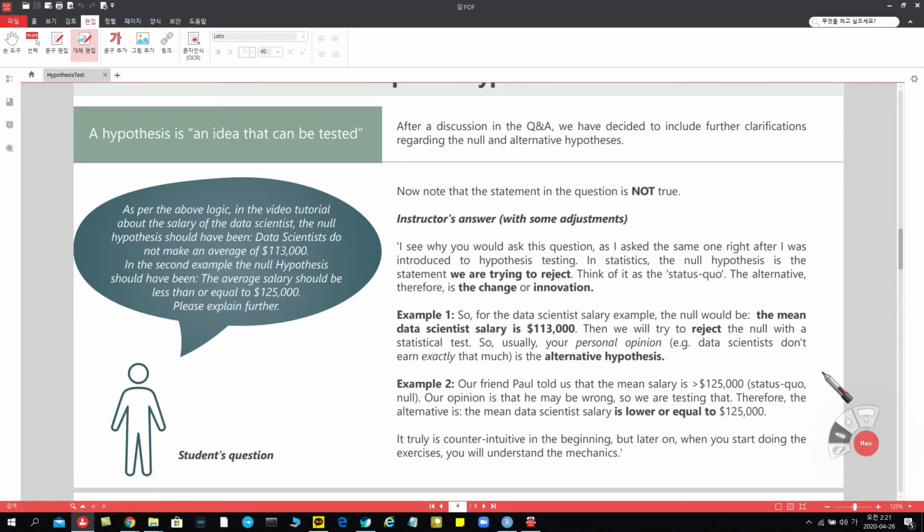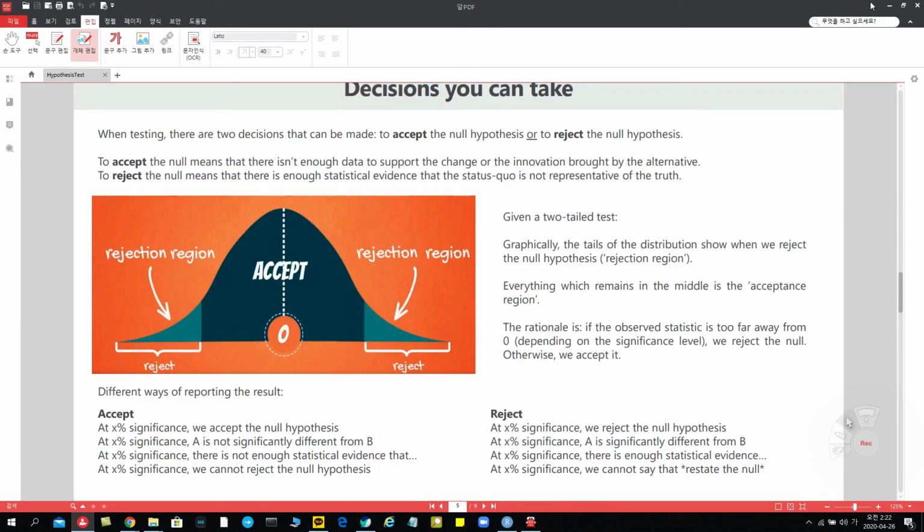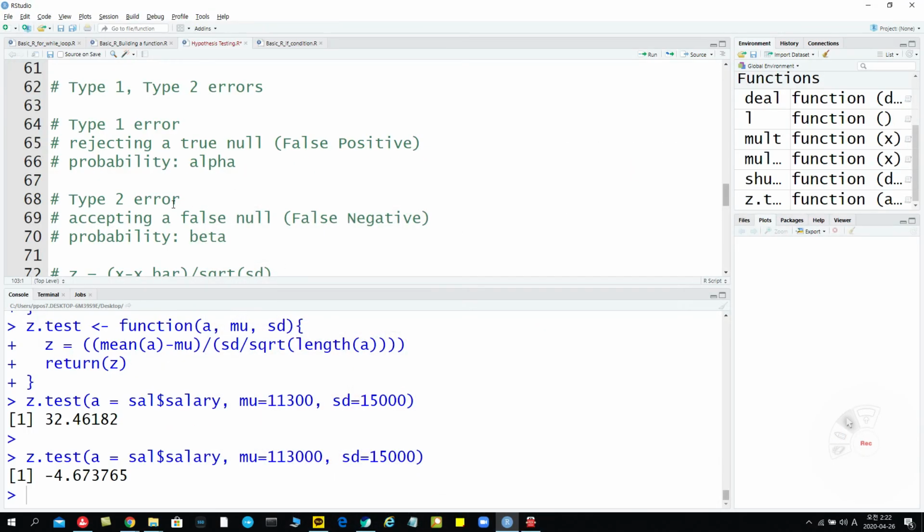Here's a good example though. Before moving on, I will explain type 1 and type 2 errors. Type 1 error means rejecting a true null. Another name is a false positive. We call its probability alpha.